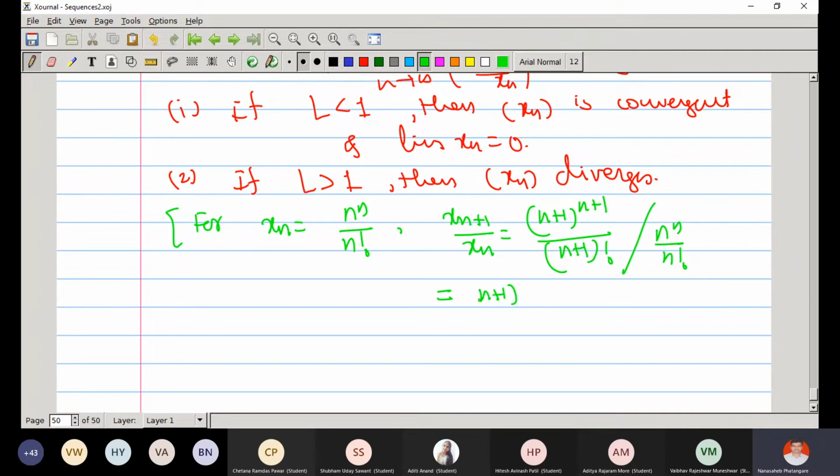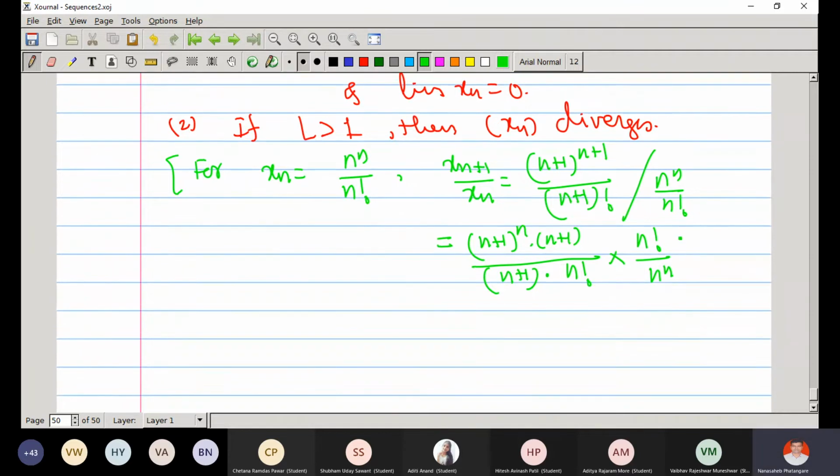So n plus 1 raised to n into n plus 1 divided by n plus 1 into n factorial, and the denominator is n factorial upon n raised to n. Right, so this n factorial cancels with this n factorial, this n plus 1 cancels with this n plus 1. What remains? n plus 1 raised to n upon n raised to n.